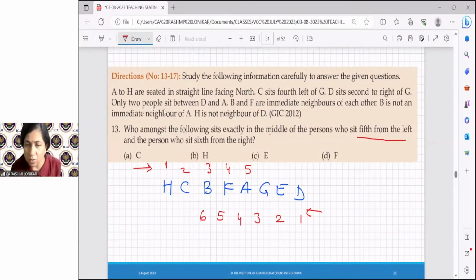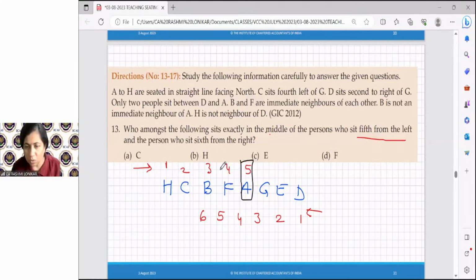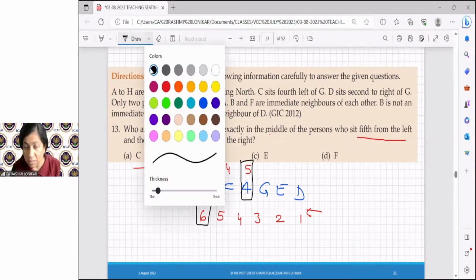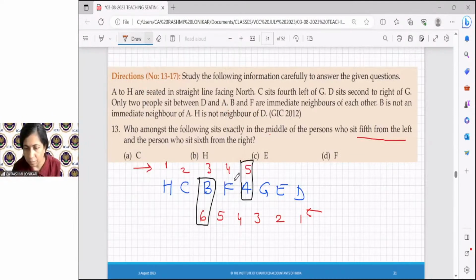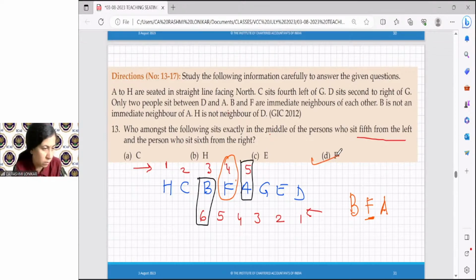So fifth from the left is this, and sixth from the right is this. Which alphabet is right in the middle? This is in the middle. What they're asking is between B and A, who is sitting in the middle? F is sitting in the middle. So D will be the correct answer. 13. D is the correct answer.